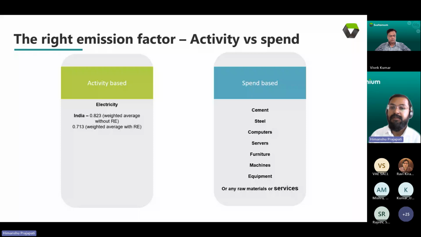The International Energy Agency is something which is universal. At the same time, IPCC also has these databases available. I've given the example of CEA, Central Electricity Authority, which releases only electricity related databases, one of which I've shown you already, available since 2006. So these are some common emission factor databases available to you.